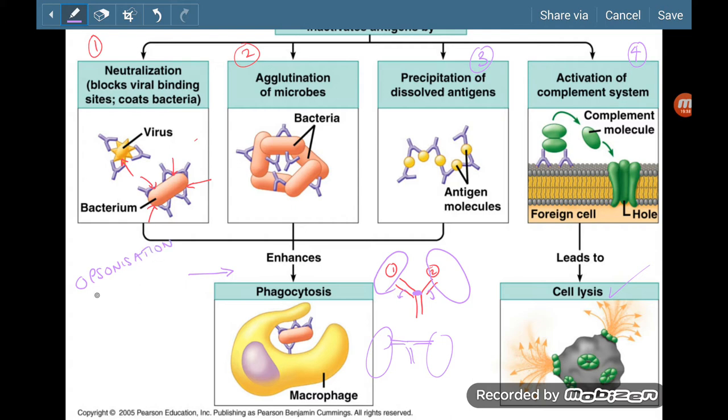And opsonization is a process by which, if we did have a situation where a phagocyte came across a group of pathogens, for example, like this, that were bound by antibody, it might engulf them in a general way, and that might be fine.